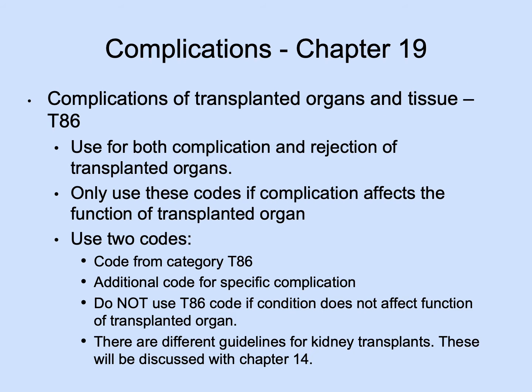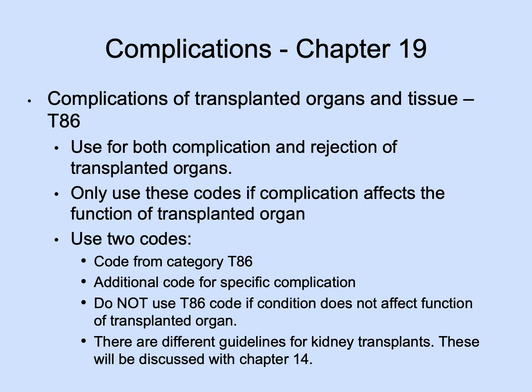So complication of transplanted organs and tissues is used for both complication and rejection of transplanted organs. Used for both complication and rejection. Use these codes if the complication affects the function of the transplanted organ. Only if it affects the function of the transplanted organ.